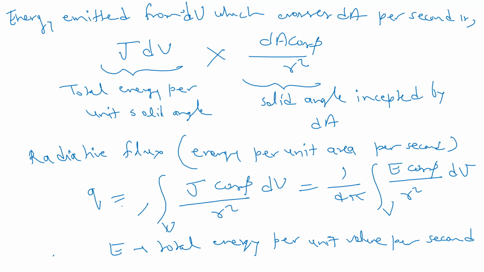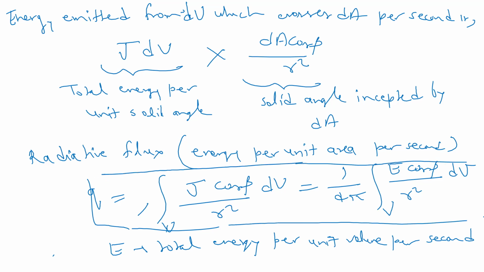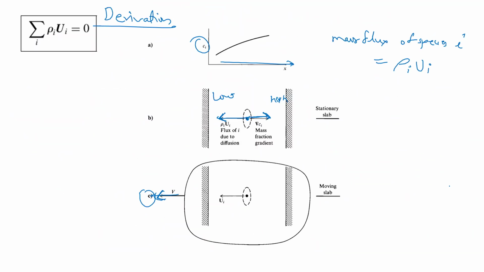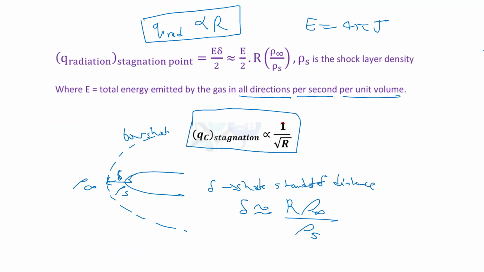So we will use this formula to find the radiative heat flux at the stagnation point. Before also, one mistake I made. This is the radiative flux. This Q RAD is the radiative flux.